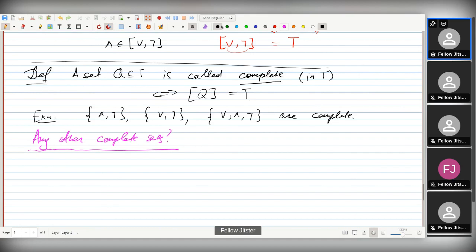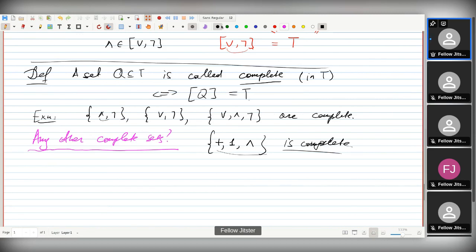First of all, I say that plus, unity, and conjunction, which you can treat as a multiplication, is also a complete set. Why is it so? In order to prove it, it is enough to express elements of one complete set in terms of these ones.